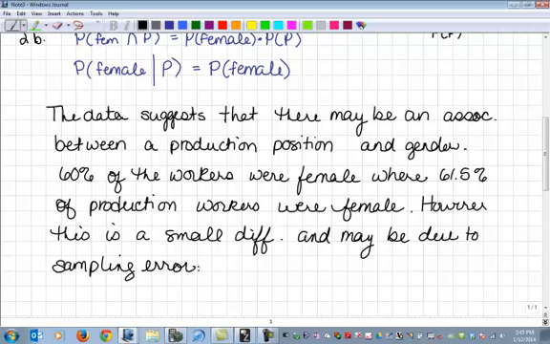Now, 1.5% is small. I probably wouldn't go any bigger than that as far as saying that it might be due to sampling error, but I mean, this 60% to 61.5%. Anyhow, that's number 2 on your Unit 4 review.